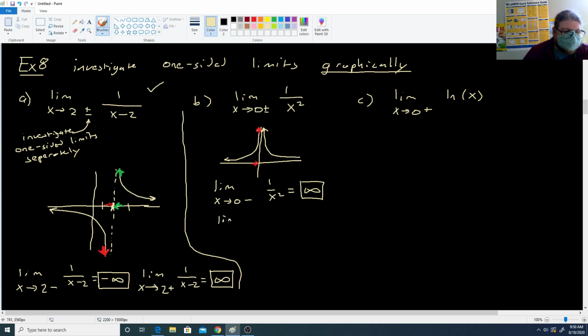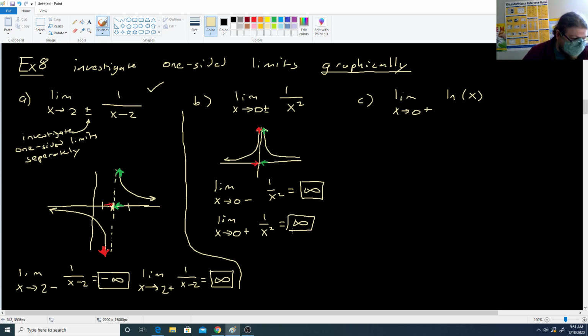Then what's going on with the limit as x approaches 0 from the right of 1 over x squared? As we get closer to 0 from the right, the y's are running upwards again, so this one is also positive infinity. So we got a vertical asymptote there.